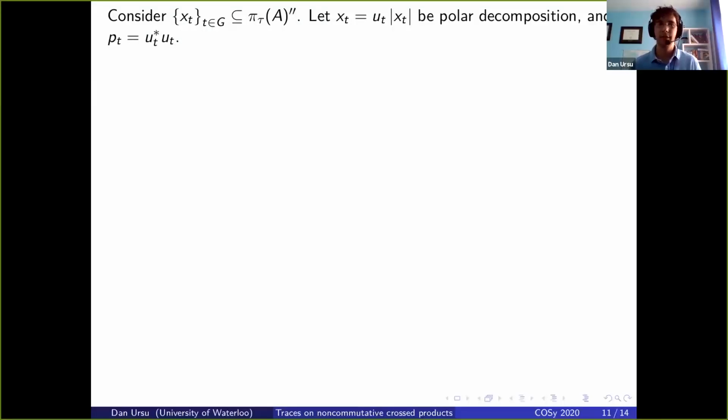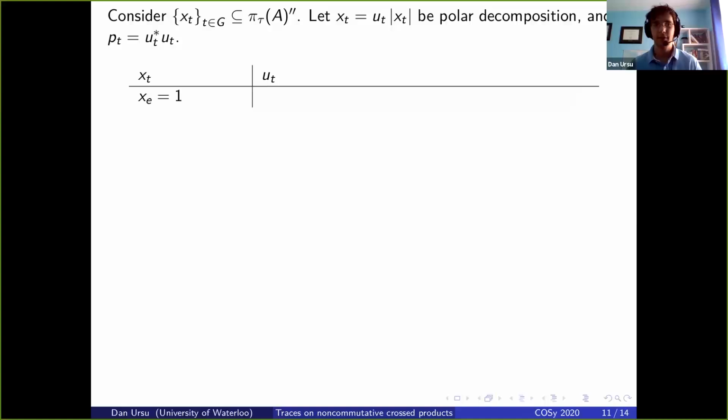So I'm going to let xt be some partial isometry ut times the absolute value of xt. And I'm going to let pt be the domain projection of your partial isometry. And all we're going to do is focus on translating the properties that we had for xt into properties that we have for ut.